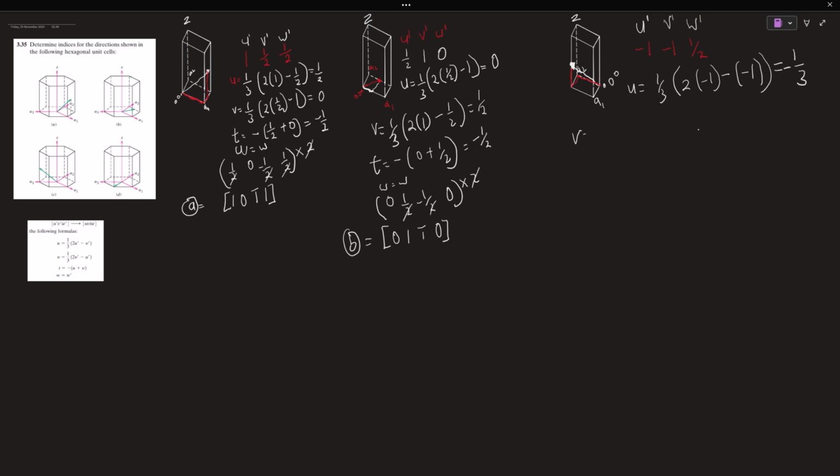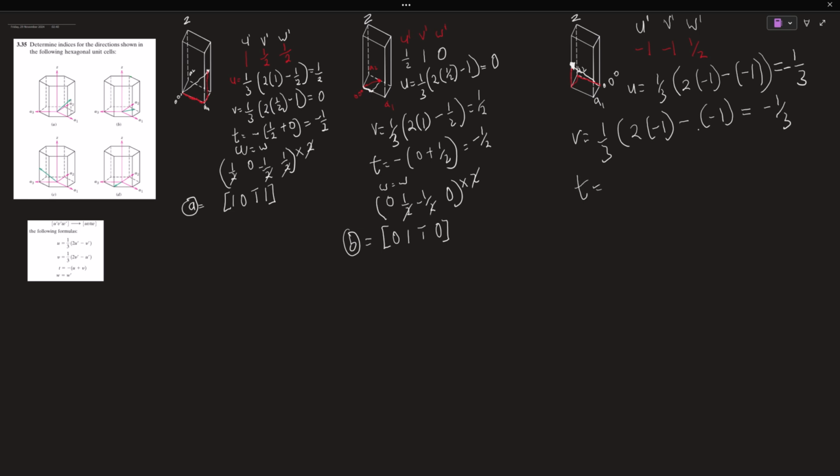So our V is equal to 1/3 open bracket 2, and our V prime here is open bracket -1 again, minus our -1. It's the same thing, so it's also -1/3.